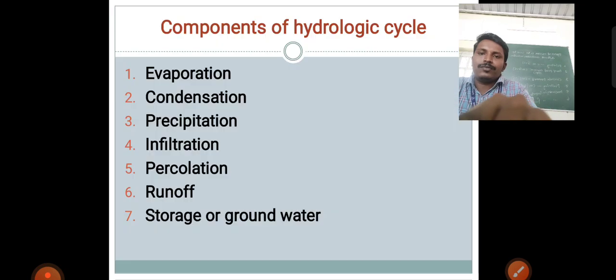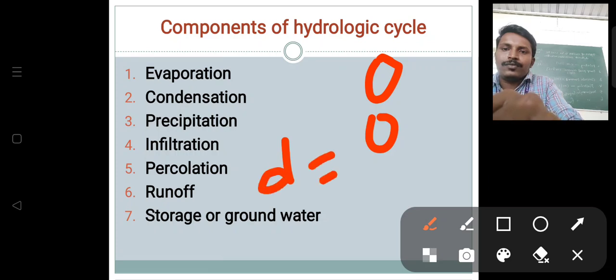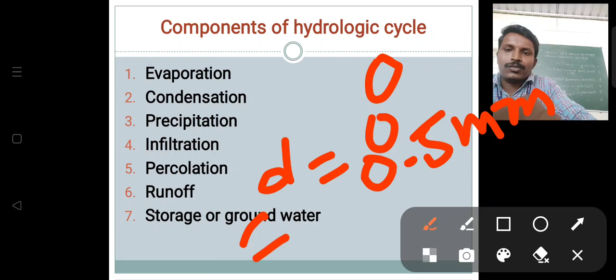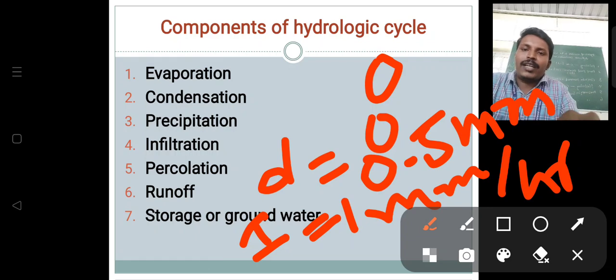If the diameter of the raindrop d is greater than 0.5 mm and the intensity I is greater than 1 mm per hour, it is called rainfall.